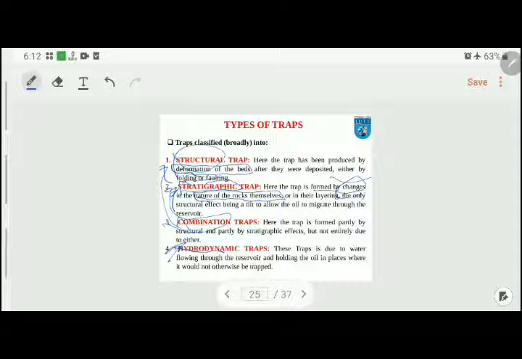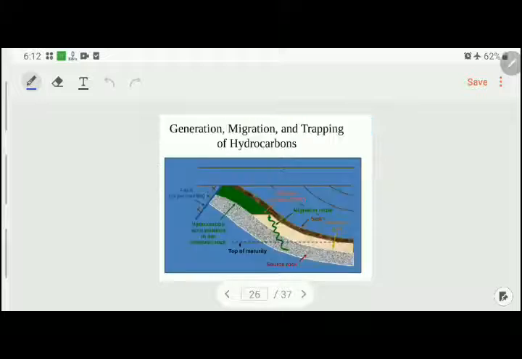The fourth of these traps is the hydrodynamic trap. These traps are due to what? The water flowing through the reservoir and holding the oil in places where it wouldn't otherwise be trapped. So this picture illustrates the generation, migration, and trapping of hydrocarbons.